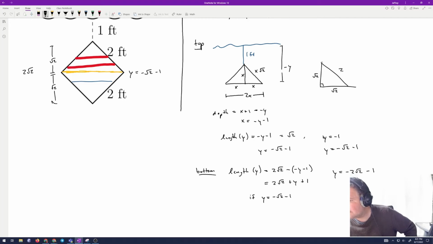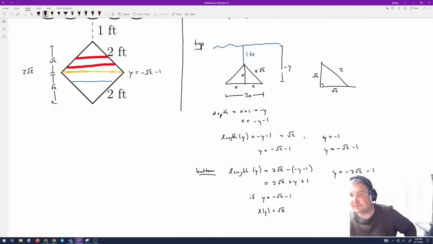Let's see. So if y is equal to negative root 2 minus 1, if we plug that in here, it subtracts 1 of the root 2, subtracts the 1, then the length of y is equal to root 2. Okay, that's good.